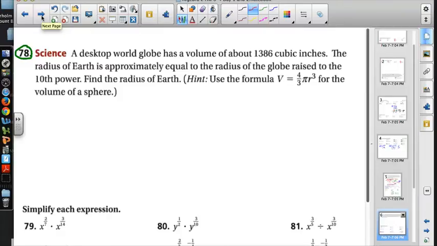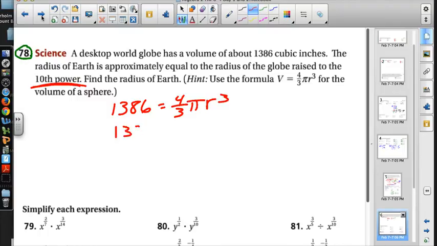So what we have to do is figure out the radius, given the little formula that we have first, and then we're going to have to raise that radius to the 10th power. So let's see here. We've got 1,386 equals 4/3 pi r cubed. So things to do first, we could go ahead and divide both sides by pi.